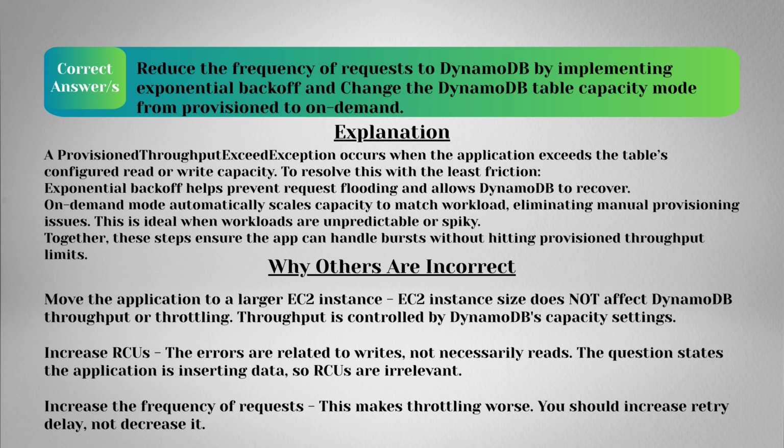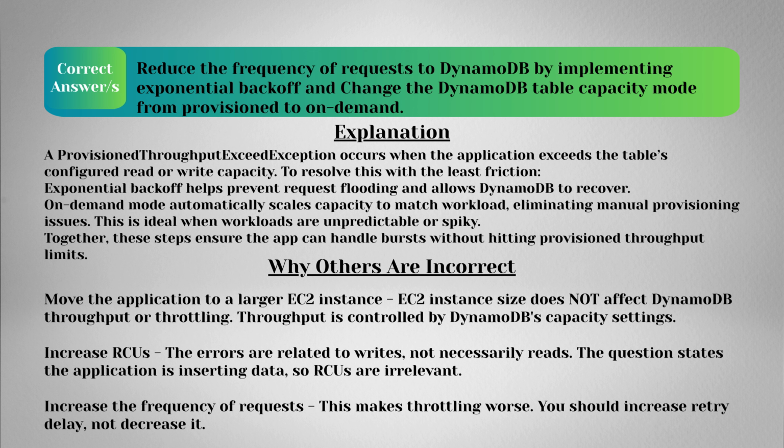To resolve this with the least friction, exponential backoff helps prevent request flooding and allows DynamoDB to recover. On-demand mode automatically scales capacity to match workload, eliminating manual provisioning issues. This is ideal when workloads are unpredictable or spiky. Together, these steps ensure the app can handle bursts without hitting provisioned throughput limits.